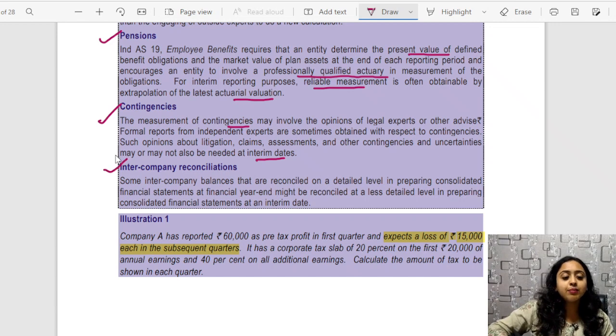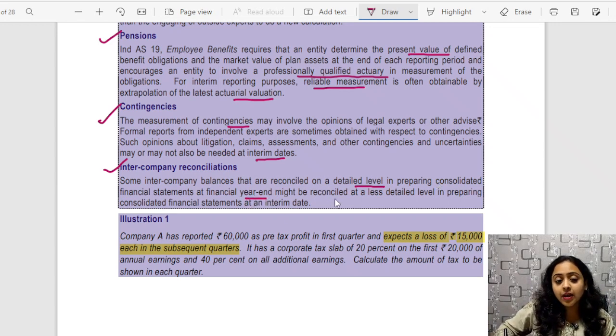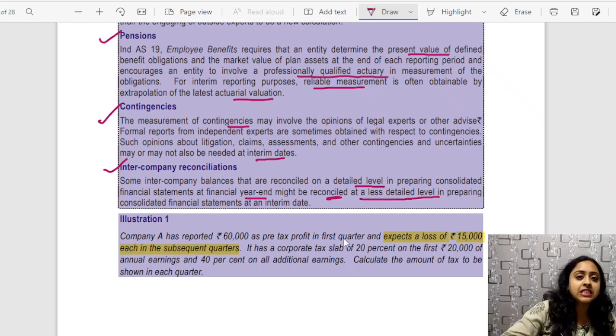Last, intercompany reconciliations. Some intercompany balances are reconciled at a detailed level in preparing the consolidated financial statements that you prepare for the annual statements. They might be reconciled at a less detailed level while preparing the interim financial statements.